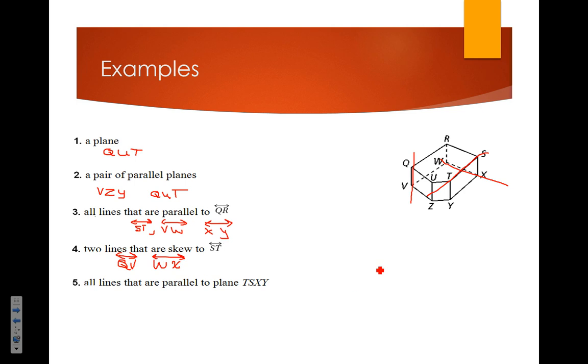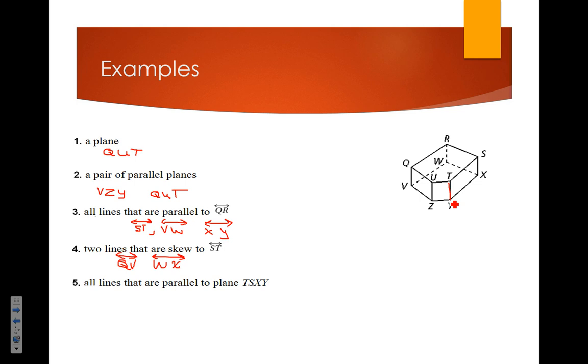Okay. All lines that are now parallel to TSXY. Getting rid of these lines. Lines that are parallel to the plane.